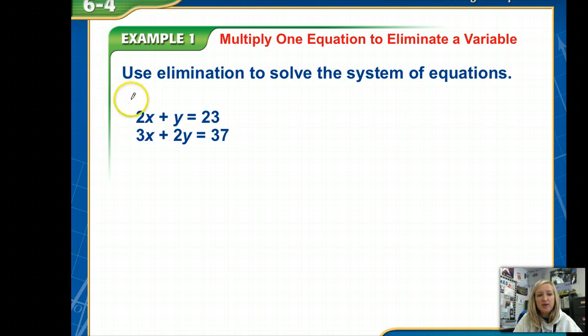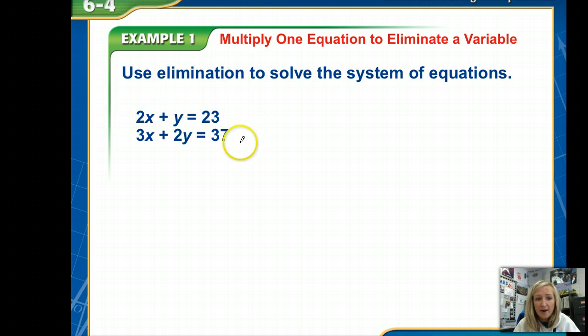So I look at these two equations and I say to myself, well, if I have to use elimination, I can't eliminate my x's and I can't eliminate my y's. But when we multiply an equation, we're not changing the equation, we're just multiplying it. And again, it doesn't change the line or the direction of the line.